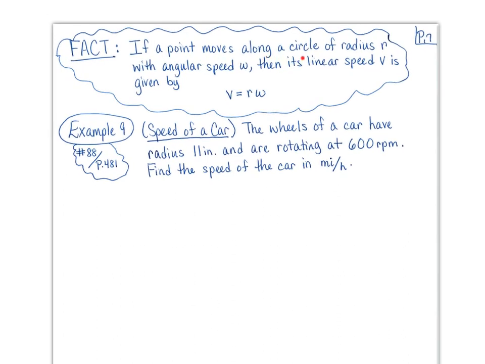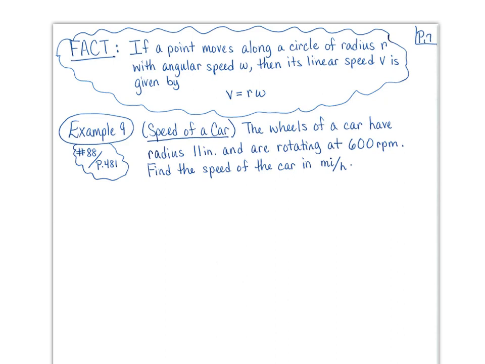If a point moves along a circle of radius r with angular speed omega, then its linear speed v is given by v equals r times omega. Let's talk about that in terms of the speed of a car. Another common example is the spokes of a bicycle wheel. You'll see examples like that in your homework.